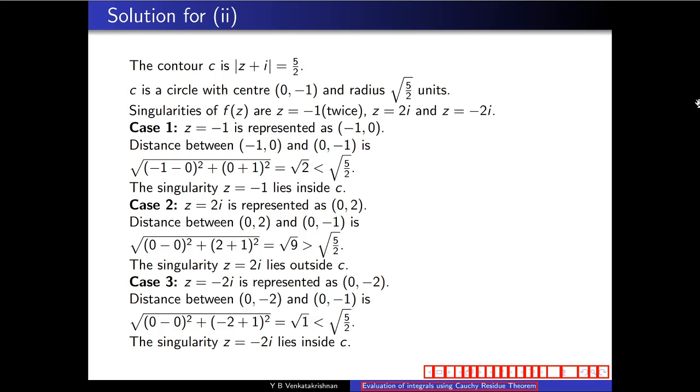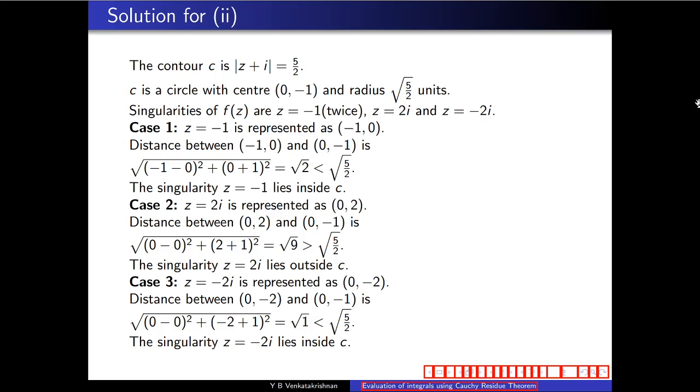Now for the third case, z is equal to minus 2i. The real part is 0, the imaginary part is minus 2. Therefore I can represent z is equal to minus 2i as 0 comma minus 2. When I calculate the distance of the point 0 comma minus 2 from 0 comma minus 1, I get the distance as square root of 1, and square root of 1 is strictly less than root 5 by 2.